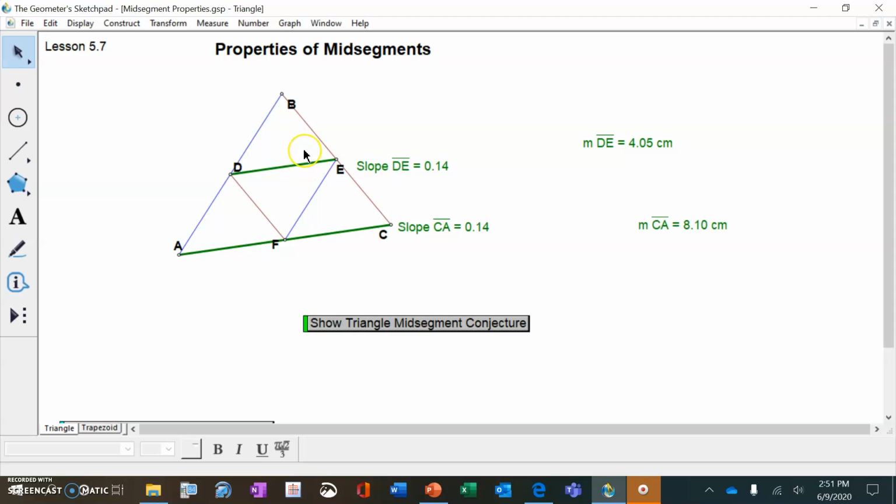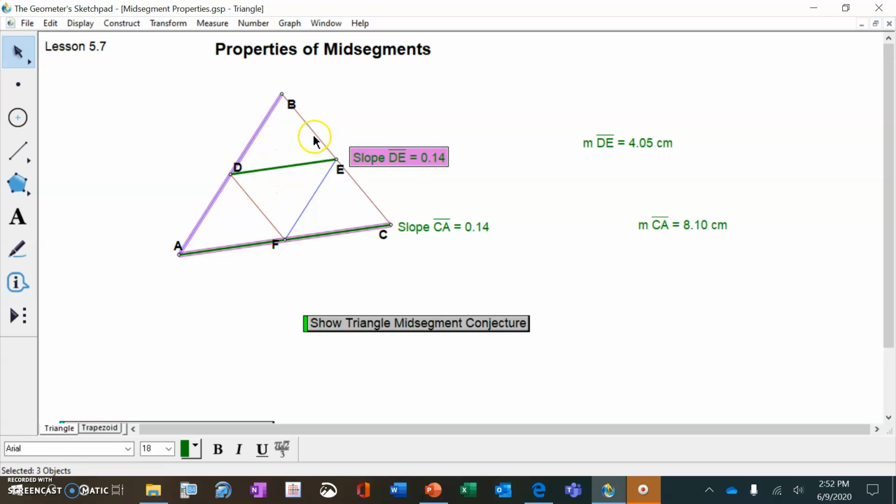Now, here's a midsegment of a triangle. This is designed so that this is a midpoint of side AB, and this is a midpoint of side BC. When I connect them, I get this midsegment. If I look at the midsegment, its slope is 0.14, and if I look at the third side in this triangle, the opposite side from where it is, its slope is also 0.14.